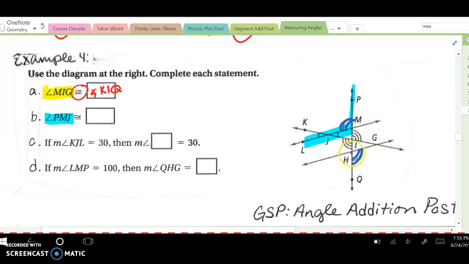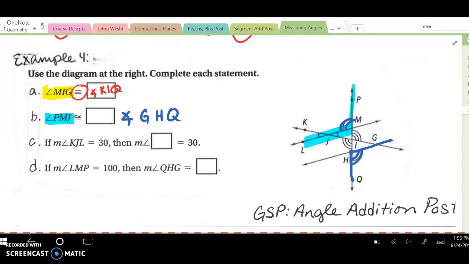Okay, so H would have to be my middle letter when I'm naming that angle. I'm going to write over here rather than in the box. And so I could call that QHG or GHQ. Either one would be a correct answer for that one that it was congruent to.